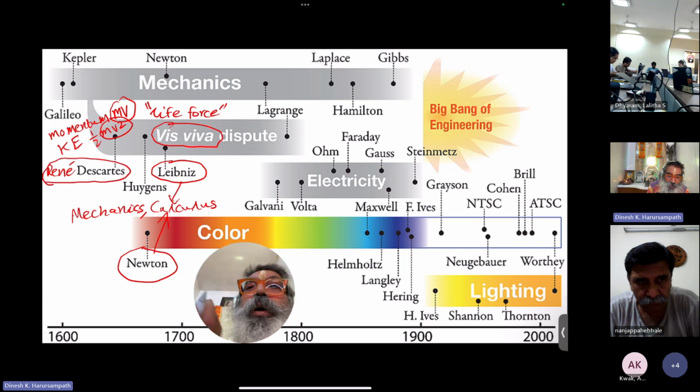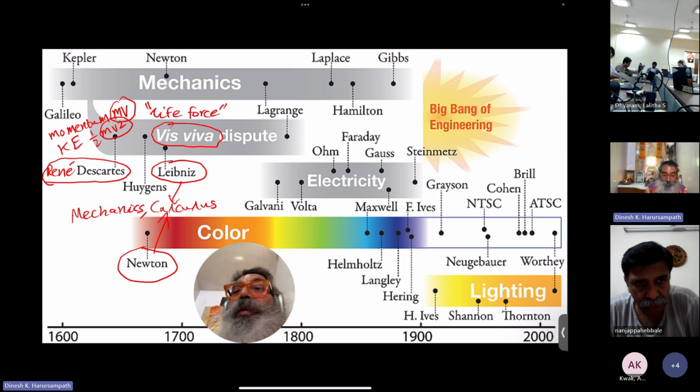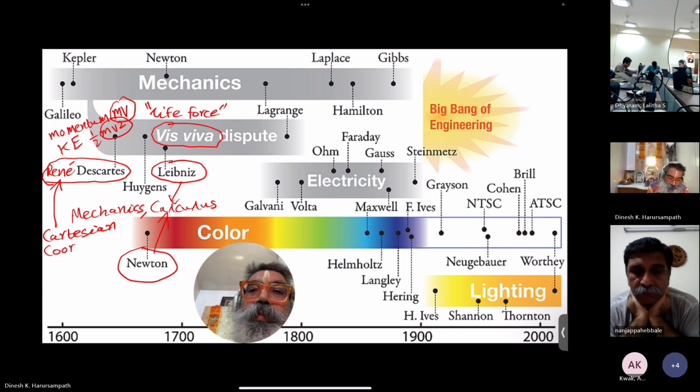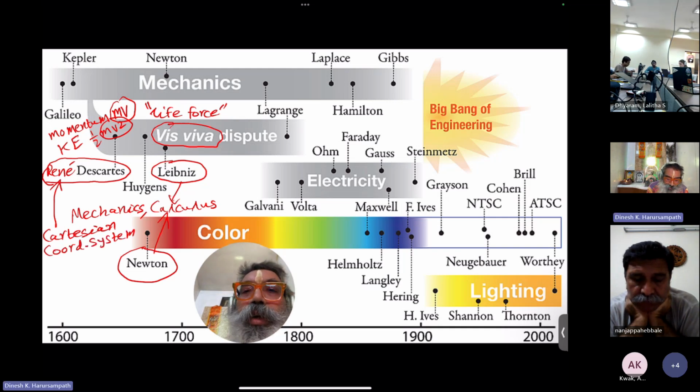And today, a lot of things that he did, people laugh at. But there are a few things that he did which we continue to use, which in particular is the Cartesian coordinate system, which is named after him. So he was talking about Cartesian triads.